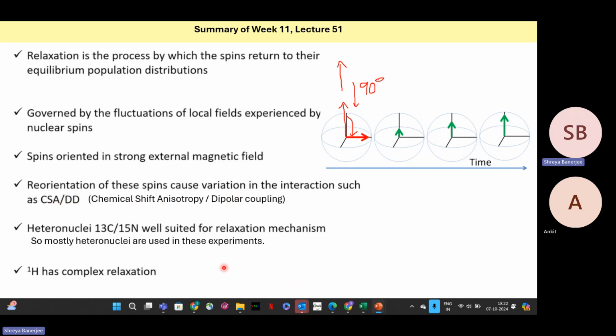We will look into these in the coming slides. And the process by which this reoriented spin goes back to its original position is called relaxation. Normally, for studying relaxation, heteronuclei like 13C or 15N are well suited because 1H has a very complex relaxation mechanism.